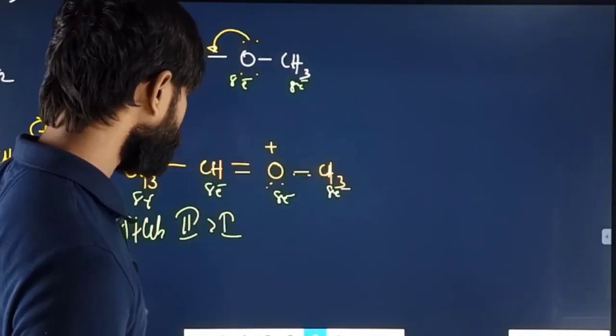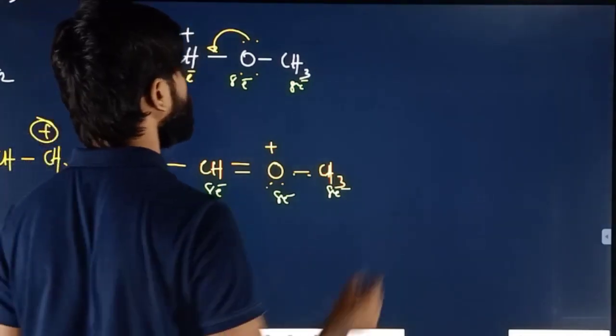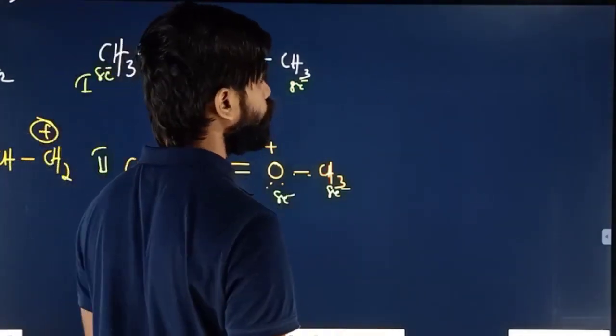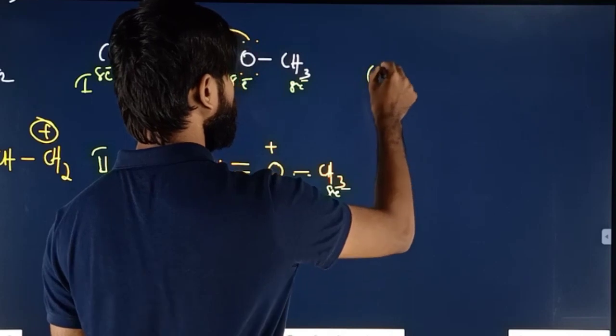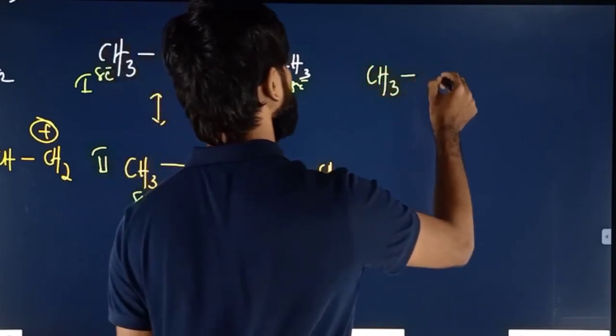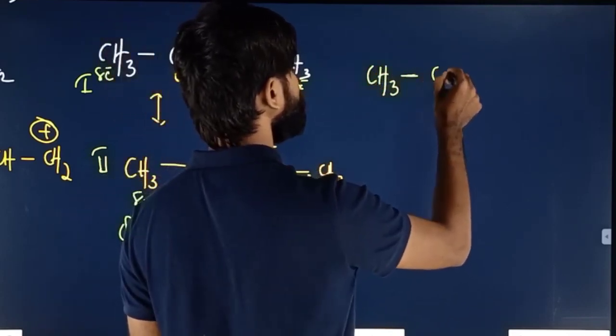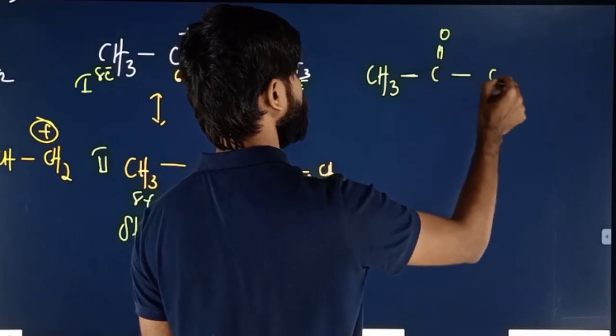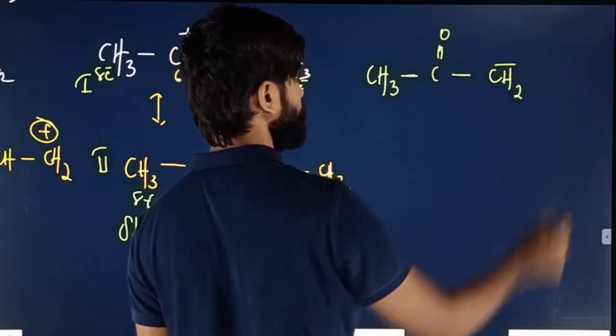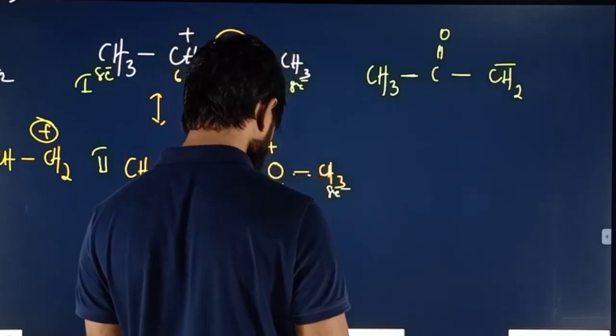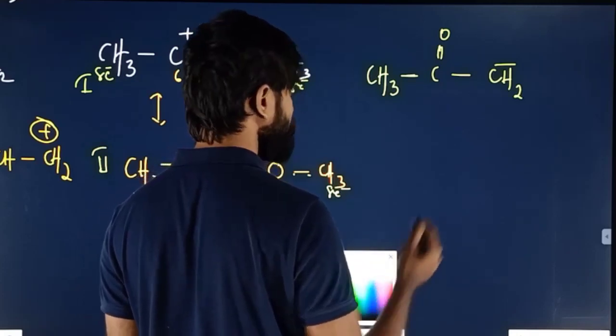Ready? The next idea, if I have a structure like this, CH3, C double bond CH2 minus, let me consider the resonance structure of this one.